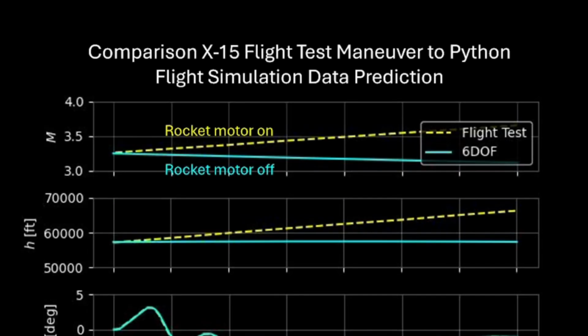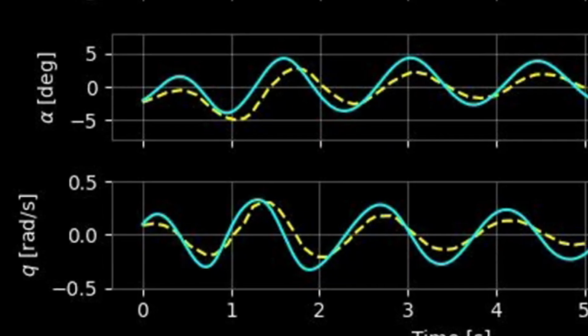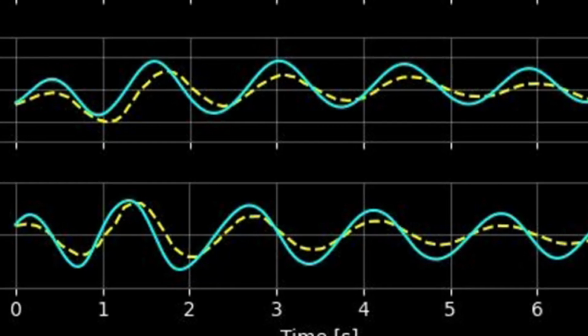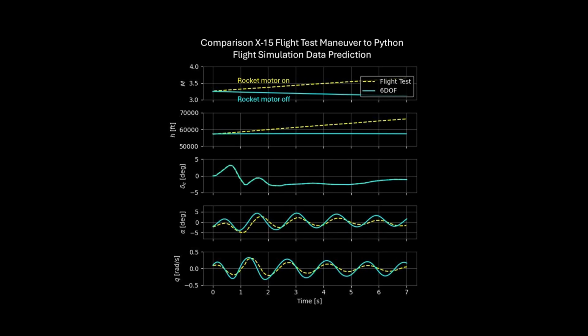We find a significant difference between the Mach and altitude histories simply because we do not have a rocket engine model in our flight simulation yet. Our 6 DOF sim shows less damping of the short period than flight test data. Nevertheless, as a model being compared to a real physical system, the agreement between the two is confirmed.